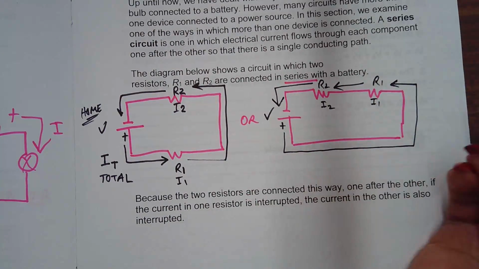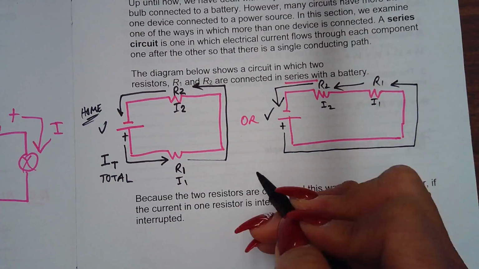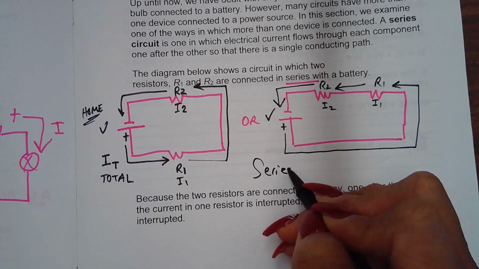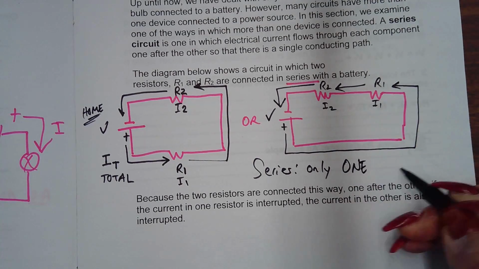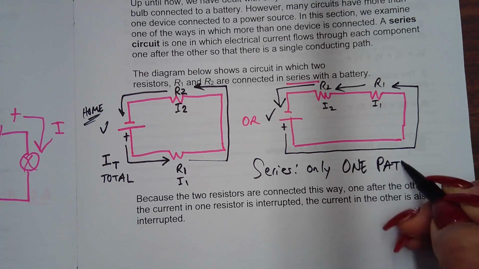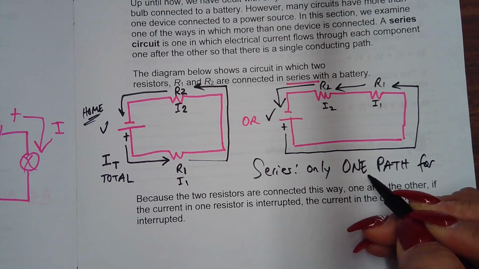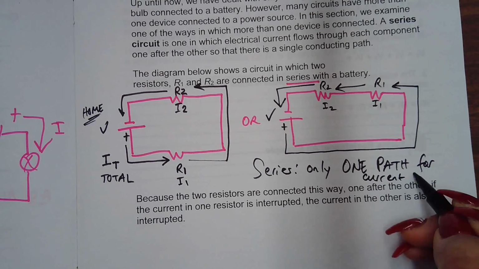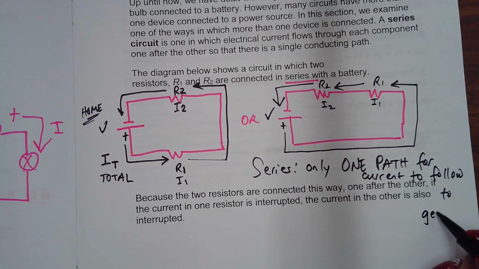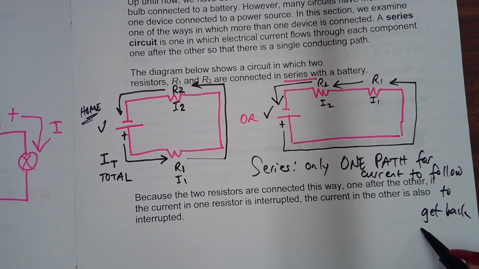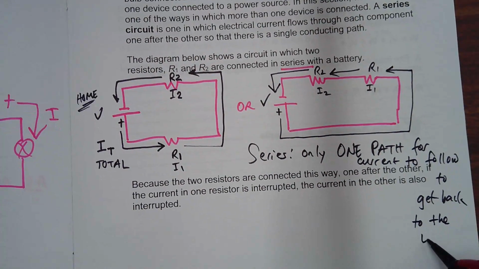So in a series circuit, there is only one path for the current to follow to get back to the EMF.